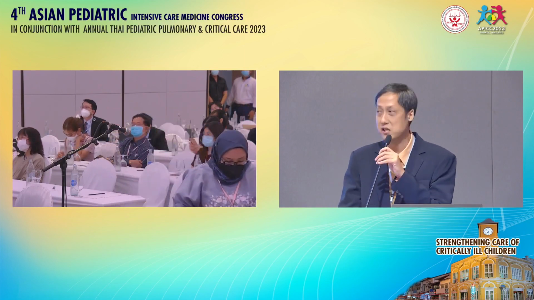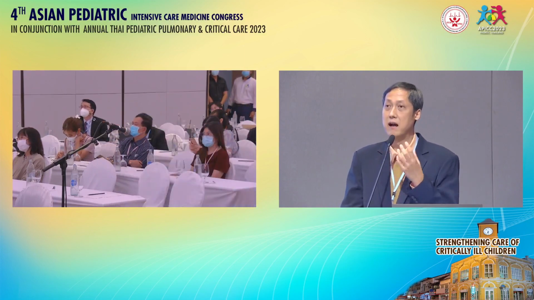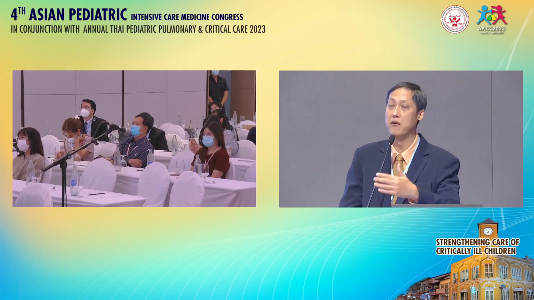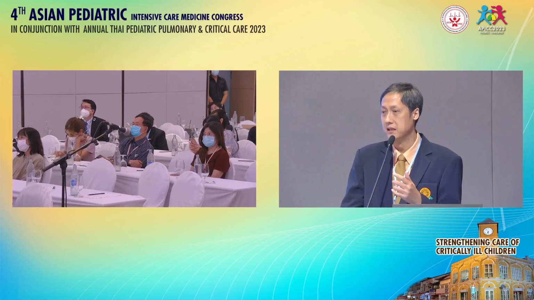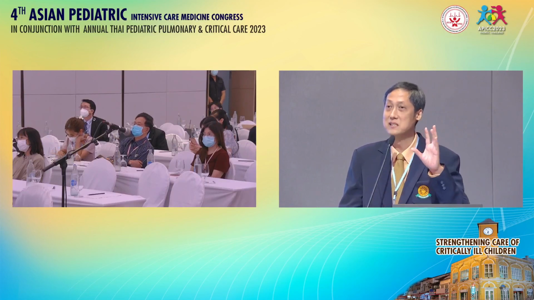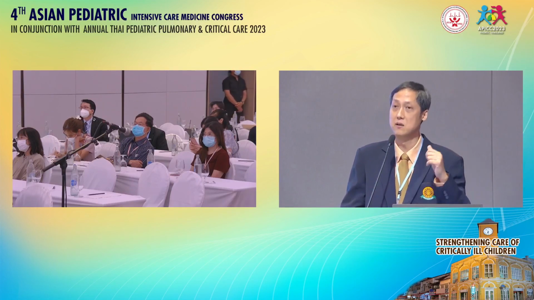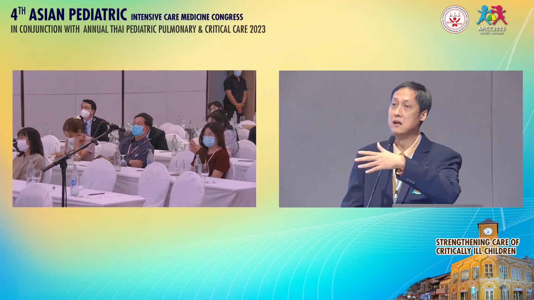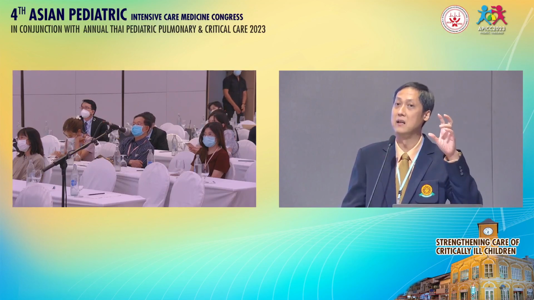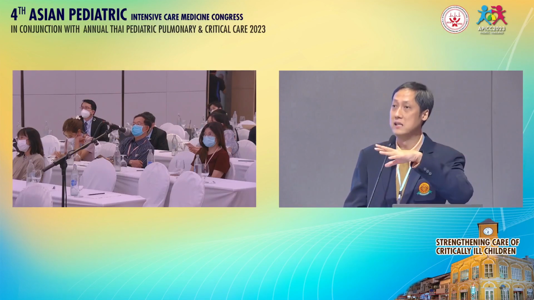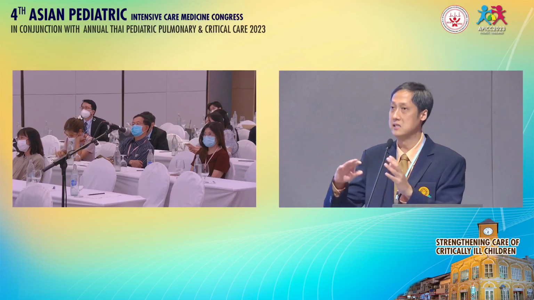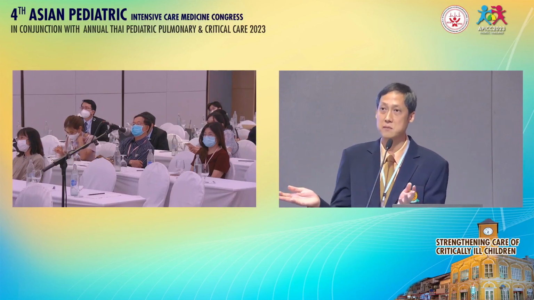Thank you for the nice question. The first question is how I perform decremental PEEP titration, and how high that PEEP level is. Honestly, I will start with a manual recruitment pressure of approximately 30 to 40. So I use a PEEP of about 15 to 20 first, and I choose a PIP 15 or 20 above that PEEP level, so the total pressure is approximately 30 to 40 centimeters of water.